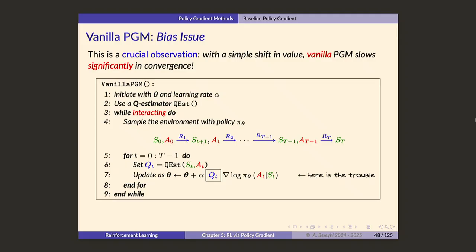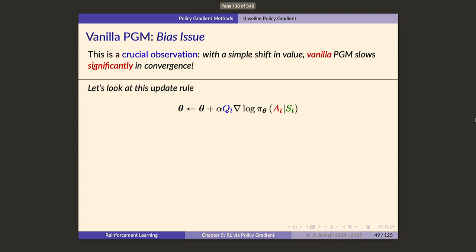So now, let me take a look at this term and see what is happening here. You see this Q term, and you are just sampling from it, right? This means that every time you sample, you get a sum of a bunch of rewards.